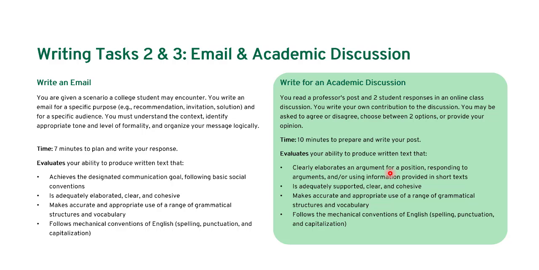For example, you might say, I agree with the professor's idea. So, are you able to elaborate your argument? Are you able to provide enough support for your position or not? So elaborating on the argument and responding to that is a critical issue in an academic discussion task.